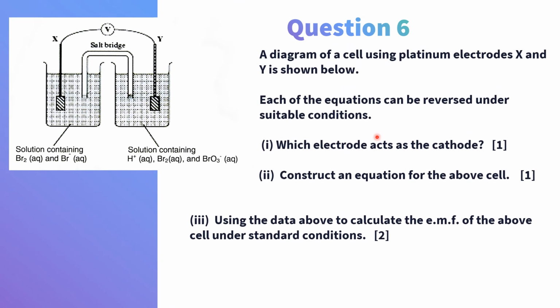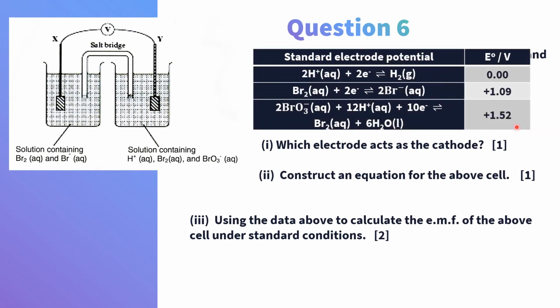Okay, so for this cell we have platinum electrodes X and Y. The electrolytes we have are Br2 and bromide ion at X, and hydrogen ion, Br2 and bromide ion at Y. So each electrode acts as a cathode, so we have to refer to the potential value here.